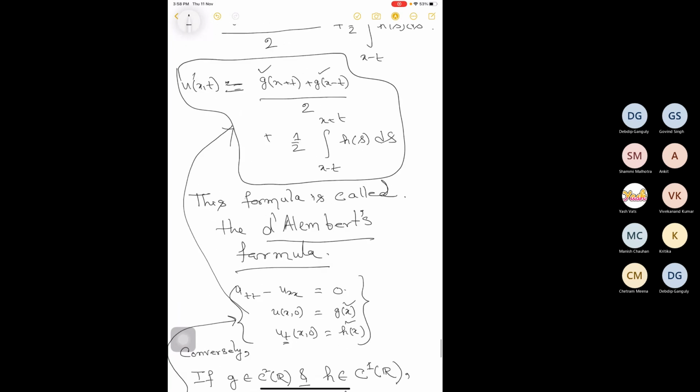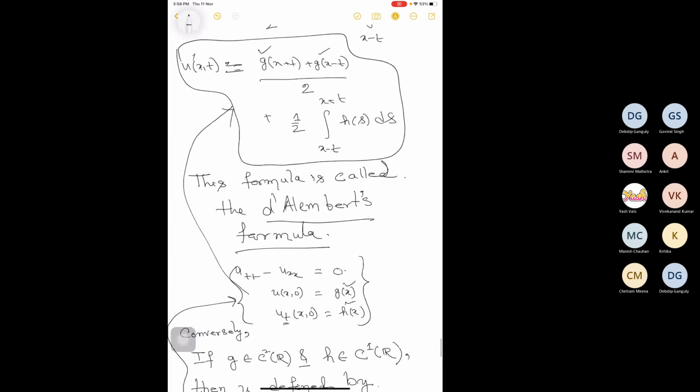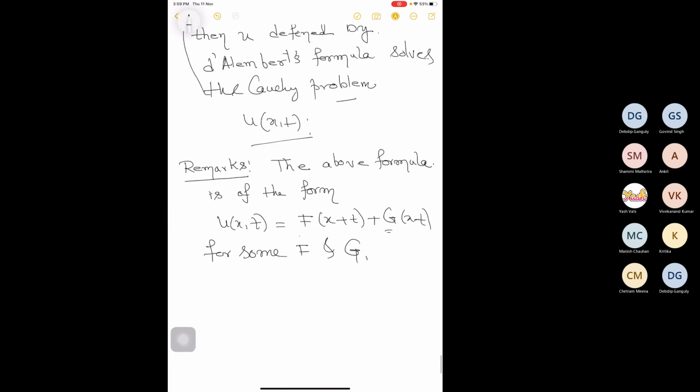If you write it in a proper way, it is for some capital F and capital G, because this is also in terms of x plus t and x minus t. So u of x,t can be written in terms of F of x plus t and G of x minus t, for some F and G.